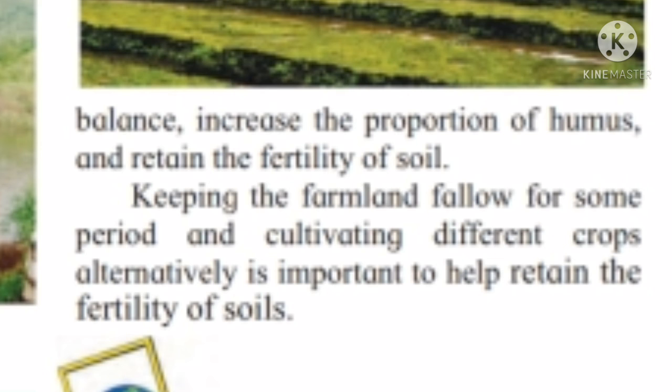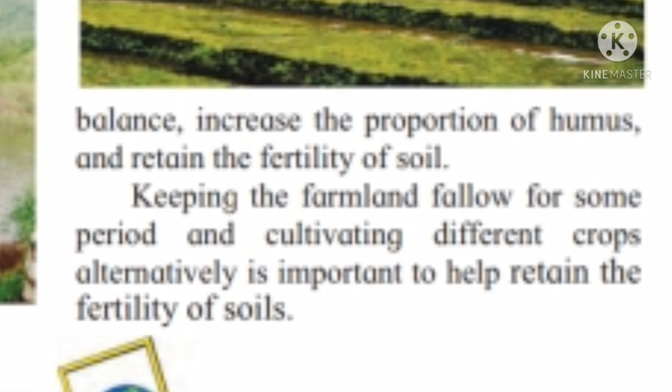Let us once again revise the measures of soil conservation. First one is construction of embankments and planting trees on them. Then contour plowing, terracing to check soil wash on the slopes. Then crop rotation system should also be adopted so that the land should be allowed to be fallow for some time.